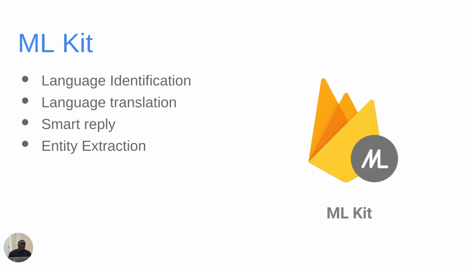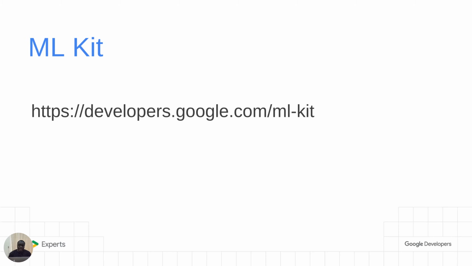And it has a whole bunch of additional functions, things like language identification. So if there's text in the image, it's able to even tell you what language, within a limited range, of course. It's not all the languages in the world, but typically about 100 of those languages can be recognized. And you can get all the information about MLKit on the link up on the screen right now.